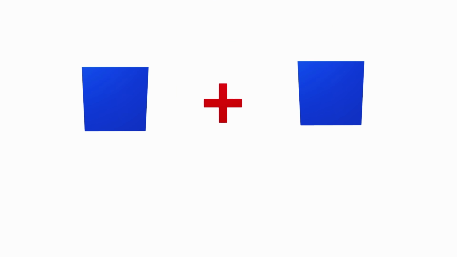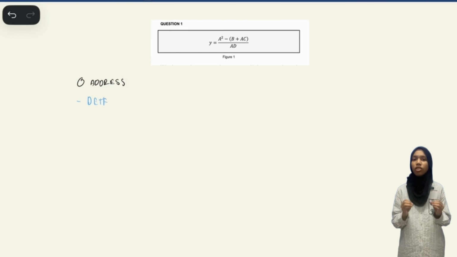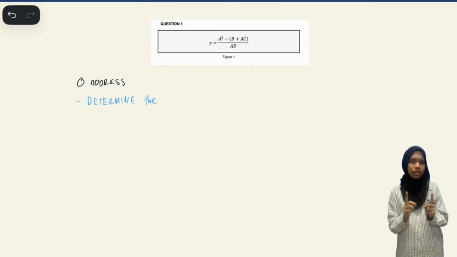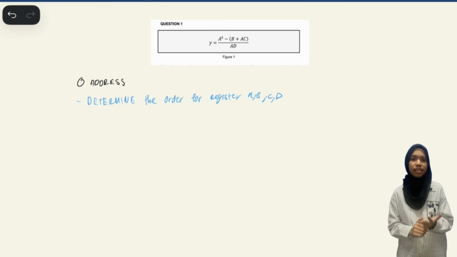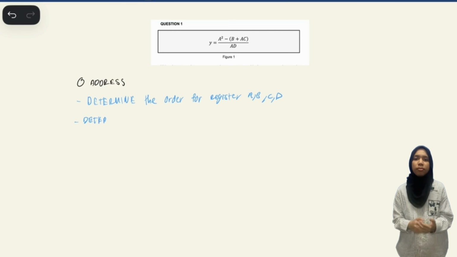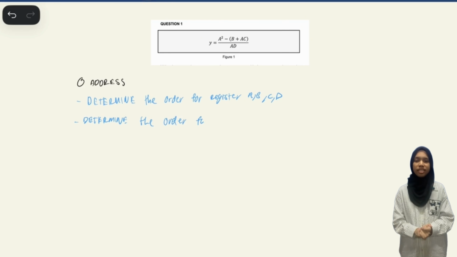Remember that the top value of the stack is always the right operand, while the second value from the top is the left operand. Every operation follows this rule. For a zero operand operation, the first step is to determine the order of the registers A, B, C, D. Next, determine the order of the operators based on the expression.